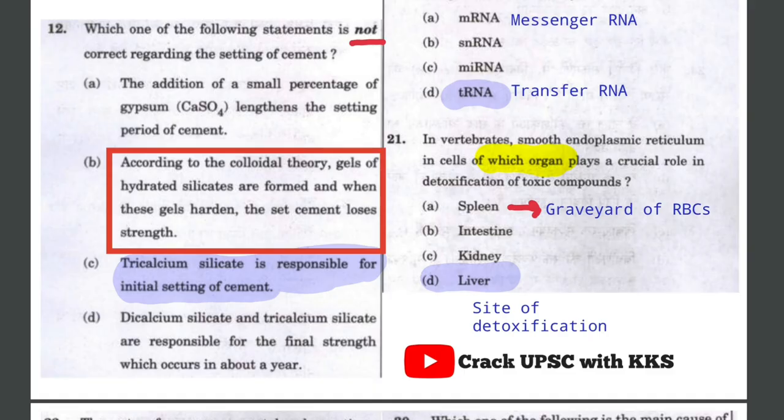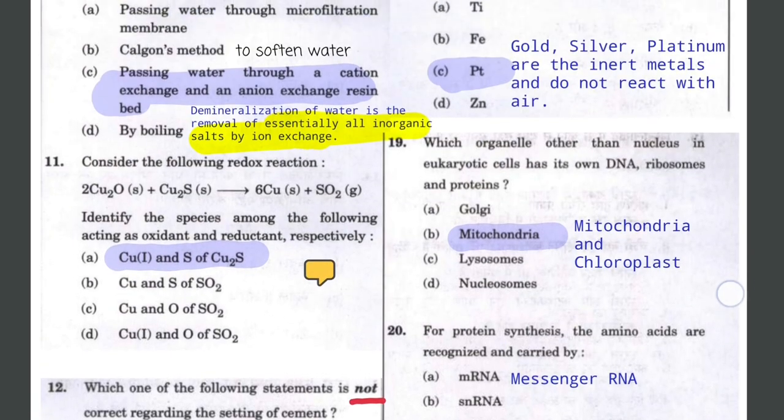It is mentioned here, but in real life the set cement gains more strength. So option B should be incorrect, but UPSC being UPSC, it has considered C as the correct answer, which is tricalcium silicate is responsible for initial setting of cement. So it has considered C as incorrect. Let's move ahead to the next question.